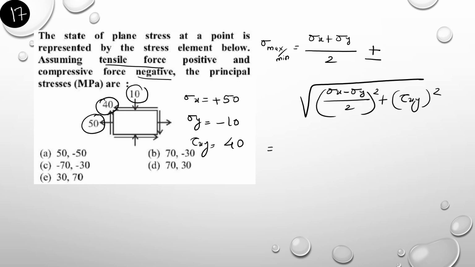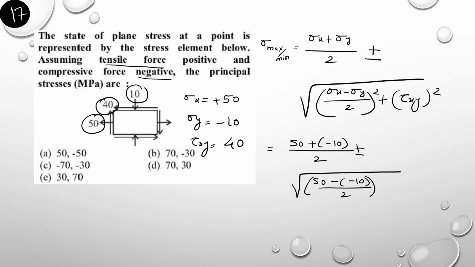Then put those values into the formula: (50 plus minus 10) divided by 2 plus minus square root of ((50 minus of minus 10) divided by 2) whole square plus 40 square. After calculating we get 20 plus minus 50, sigma max or minimum.